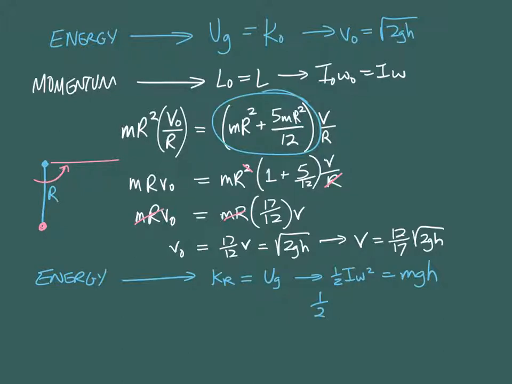And so plugging and chugging all those values in would give us some value, and that ends up being the 12/17 mr squared v squared over r squared, and that's going to equal mgh.